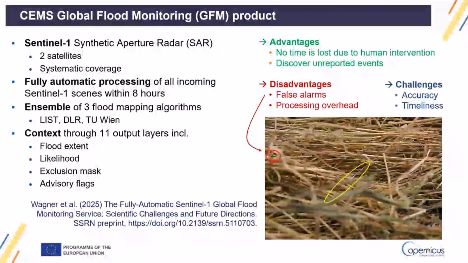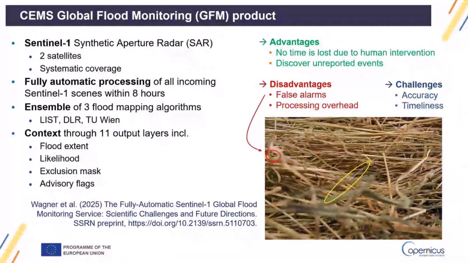The component itself is called the Global Flood Monitoring Component, which uses the Sentinel-1 mission, that has for most of its time consisted of 2 satellites, and its systematic coverage to do fully automatic processing of all incoming Sentinel-1 images within 8 hours.